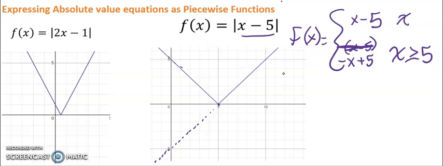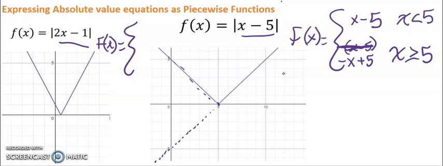On the negative line, that's this one, we are starting at infinity and we go to 5. So it's less than 5 on the x. Okay? So remember, the first statement, when you are setting up your two piecewise, is exactly what it says.